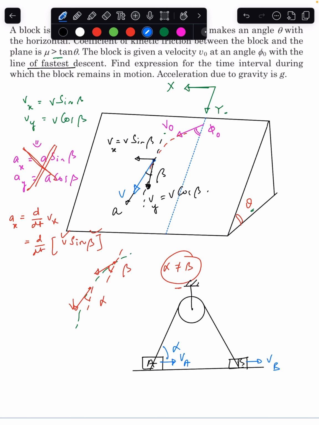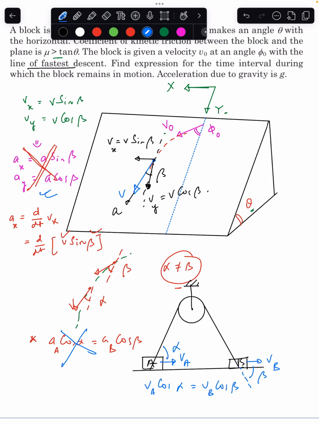If this angle is alpha, and correspondingly this angle is beta, then we can write VA cos alpha is equal to VB cos beta, considering the velocity remains the same along the string. But if you remember, it was prohibited to write aA cos alpha is equal to aB cos beta. Why was it prohibited? It is because of the same reason that we have seen here, because the angle is changing, correct? So I hope this idea is clear.